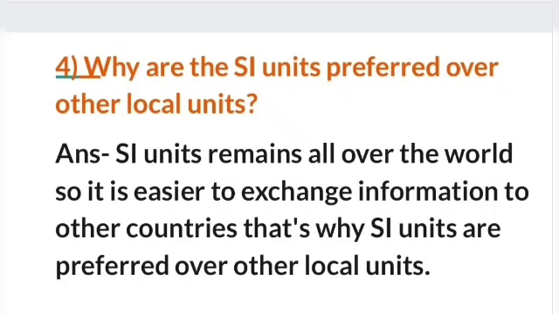That's why SI units are preferred over other local units. Local units create confusion, and to overcome this problem, the SI units are preferred.